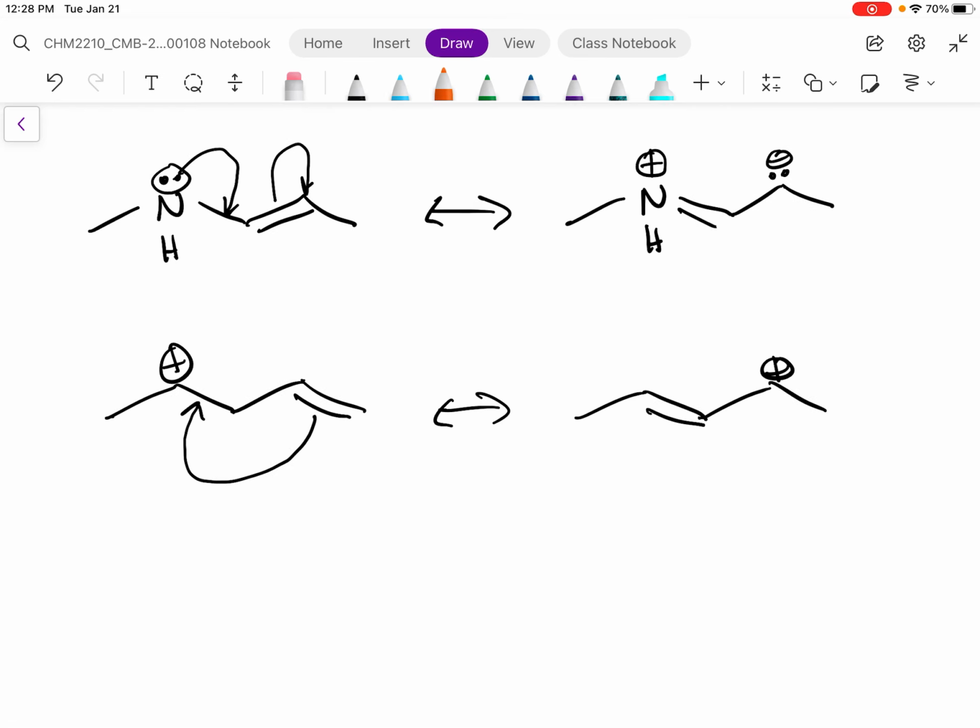The reason why is, what is the hybridization state of this carbon? sp2. And this carbocation? sp2. But what's that one? That's sp3. When we're doing resonance structures, those electrons in the p orbitals need somewhere to go.